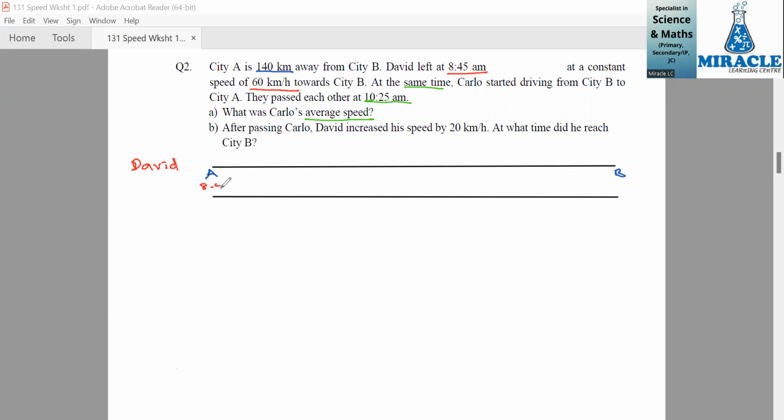At 8:45 a.m. he left towards City B at a speed of 60 km/h. And the question also states that the total distance between A and B is 140 km.